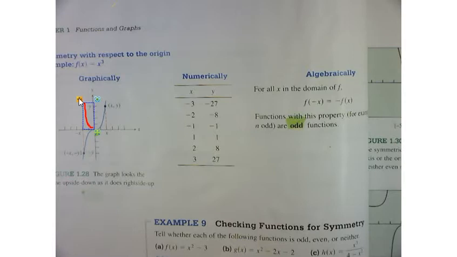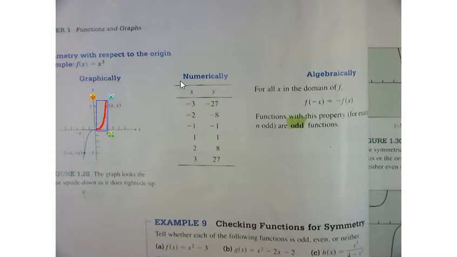If I flip it up like that, and then I flip it over the other way, this is so much easier to do on the smartboard. And I flip it twice. In other words, I flip it over the x-axis and I flip it over the y-axis. What do you notice? They're the same thing.